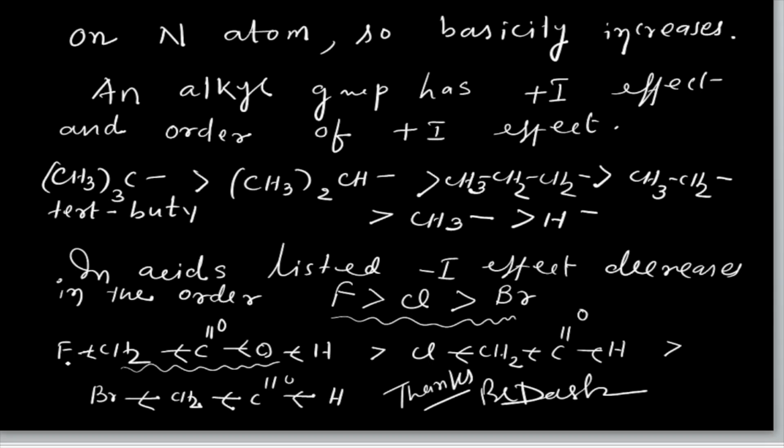Chlorine also does the same, but fluorine is more electronegative than chlorine and bromine. That is why this is the order of the acids. Fluoroacetic acid is more acidic than chloroacetic acid, which is stronger than bromoacetic acid, because fluorine is more electronegative than chlorine than bromine.